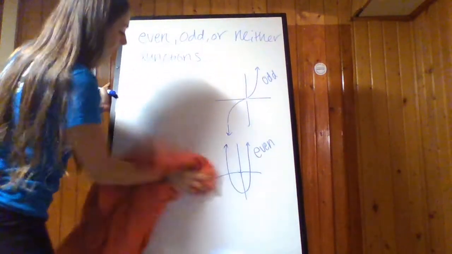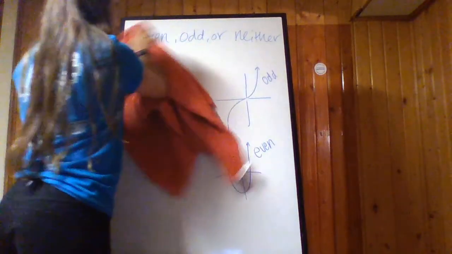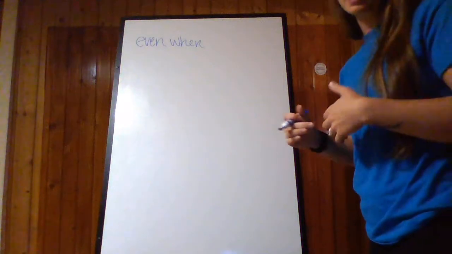Now, we can also determine even and odd functions by using algebra. Okay, so I'm going to do a little bit of notation here for you. A function is even when you take the original function, f of negative x, and it comes out as positive f of x.